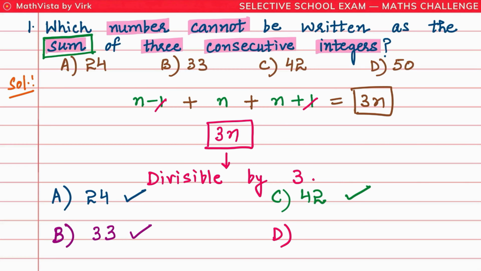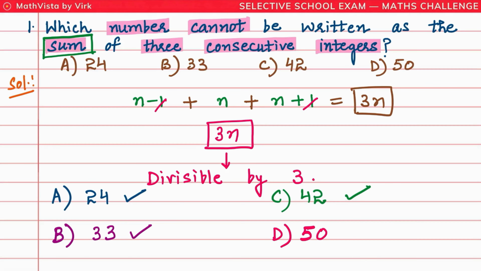So, options A, B and C, as we have seen, are all divisible by 3. So, these would not be our answer, as the question is which number cannot be written as the sum of 3 consecutive integers. So, let us check option D, 50. Is it divisible by 3?